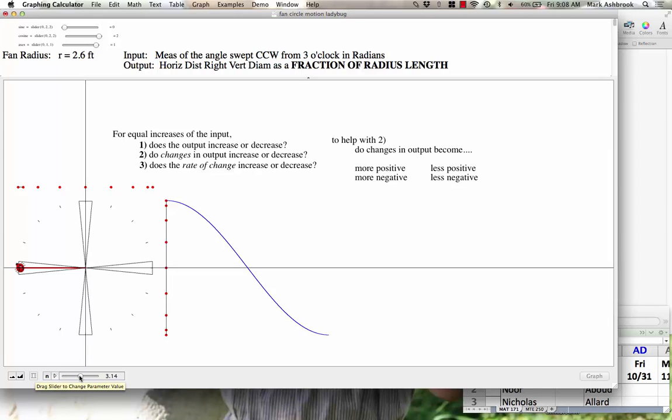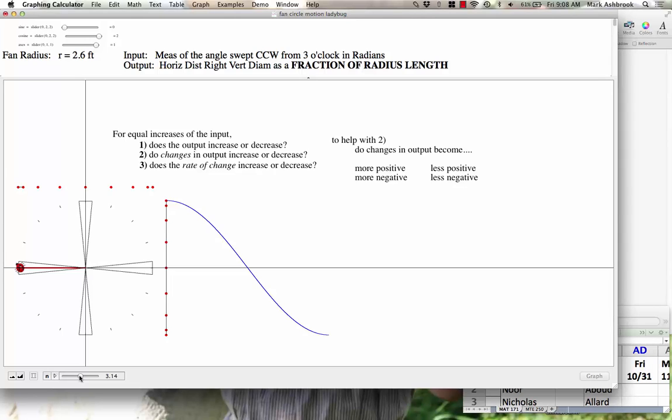So when the angle increases from 0 to pi, the horizontal distance decreases from what to what? So as the angle increases from 0 to pi, the horizontal distance decreases from 1 to -1. At first, at a what kind of rate? Decreasing rate, getting more negative, and then at an increasing rate, getting more positive.